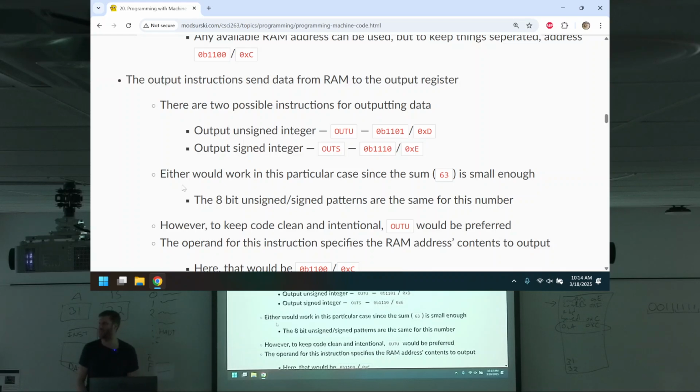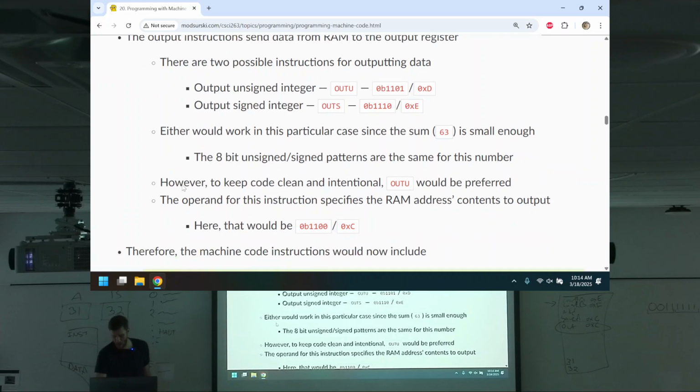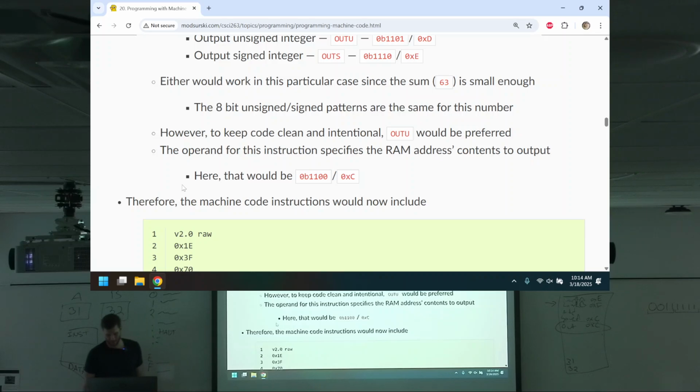So that would be the hex value D. And what do we want to output? C, right? Why C? Because that's where I said, well, actually here. Okay, we have 0, 1, 2, 3, 4, 5, 6, and so on. Okay, F, E, D, C. I put the value 63 here.